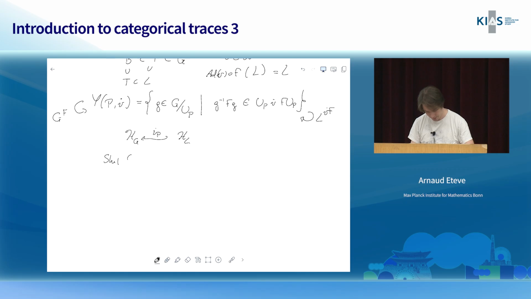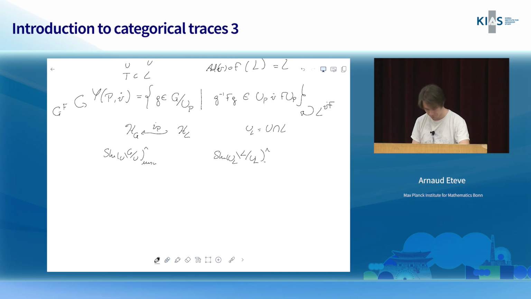And this is some kind of completed monodromic sheaves on G mod U, sheaves on L. So U_L would be U intersected with L. And I_P is induced by the usual parabolic induction diagram.